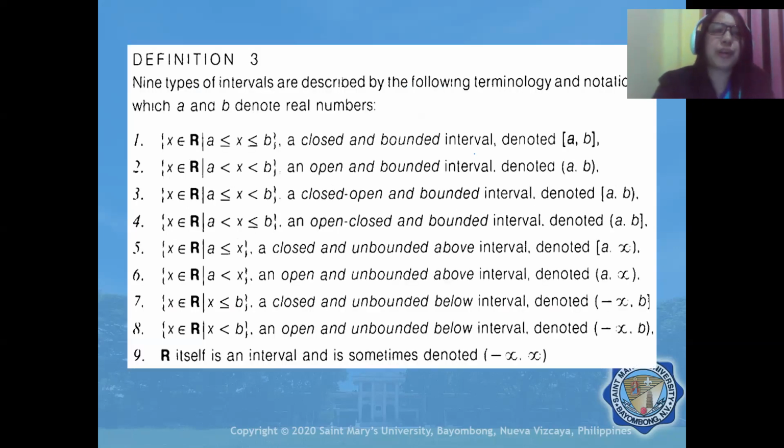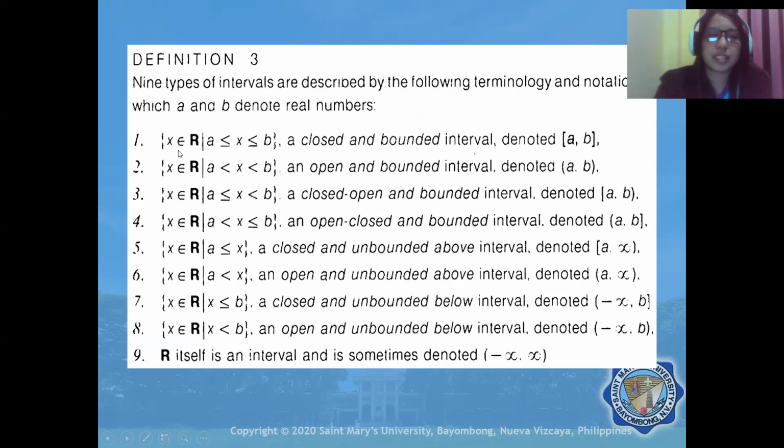For our definition number 3, just to elaborate on this interval, we actually have 9 types of intervals as described by the following terminology and definition, in which A and B denote real numbers.